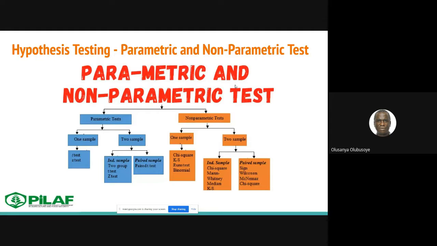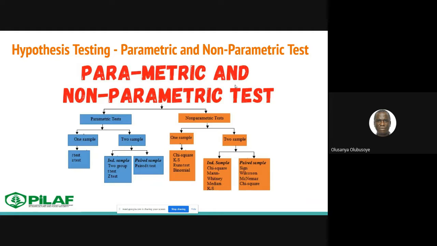In other words, they have relationship. As it is in parametric, so also it is in non-parametric. But whether 1 sample or 2 samples, there are different tests. In the case of parametric, t-test is applicable to 1 sample. It's also applicable to 2 samples. Same for non-parametric.